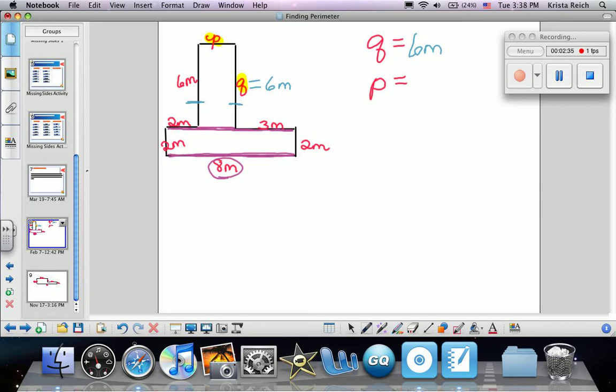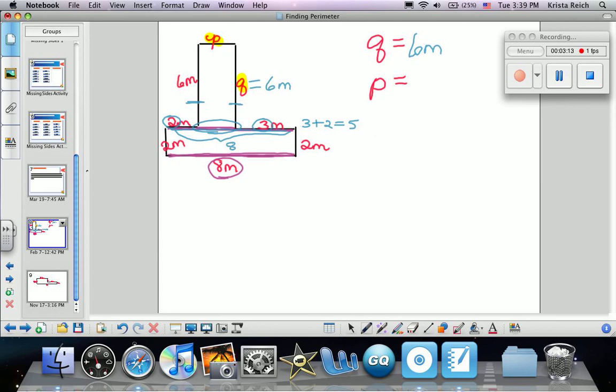This is a rectangle. So right here, this whole line is 8. But they only gave us 3 and 2. Well, 3 plus 2 is 5. But it's supposed to be 8. So how would I find this missing piece to make it all equal the same?